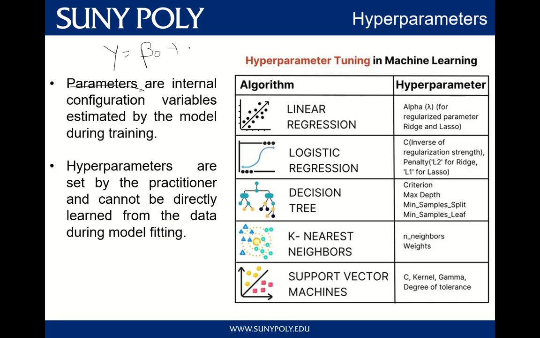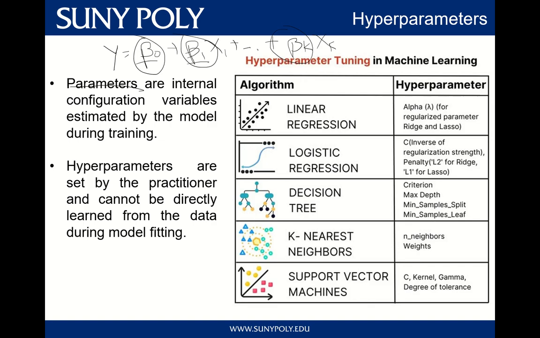It has a constant value, the intercept, right? And then it has some betas times each variable, right? Up to beta k times xk. So here in the linear regression model, our parameters are the betas, beta 1, beta 2, up to beta k. Those are our parameters. And these constants are estimated using data. They learn from the data when we're training the algorithm. So training here means to compute these values, right?